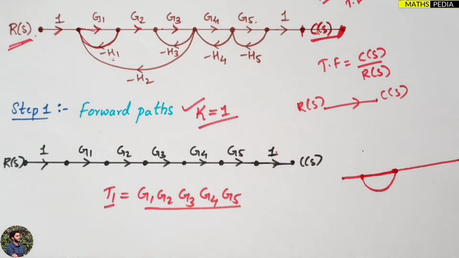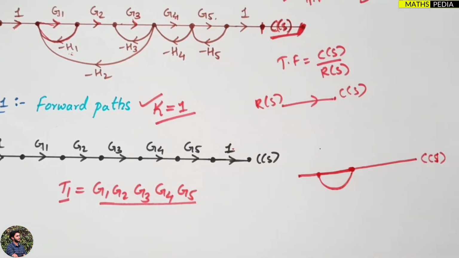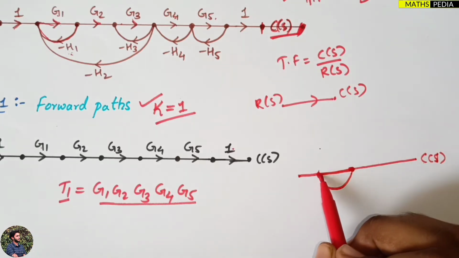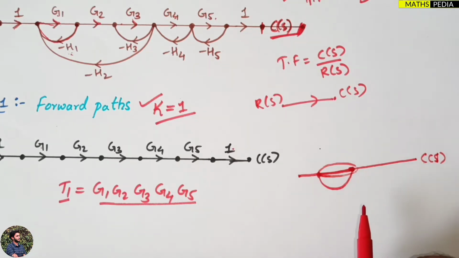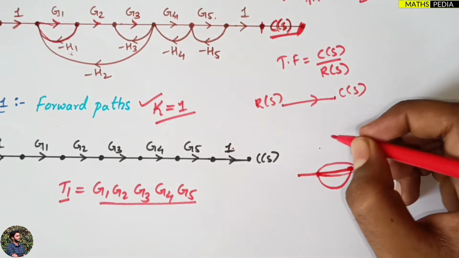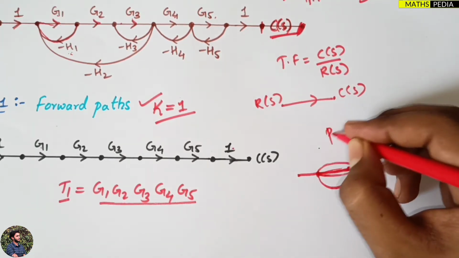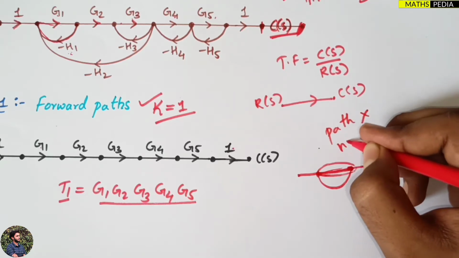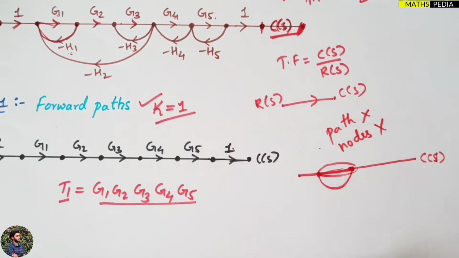This is one possible way, but for the forward path you should remember one more condition: you should not repeat the nodes or the path. This is one important point.